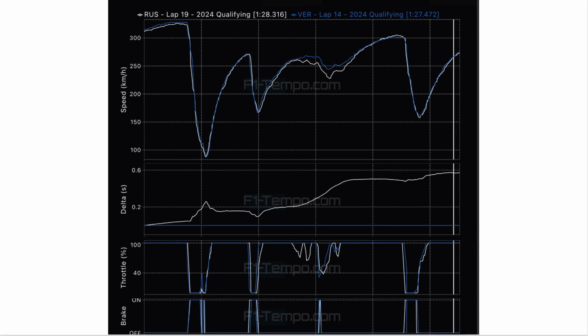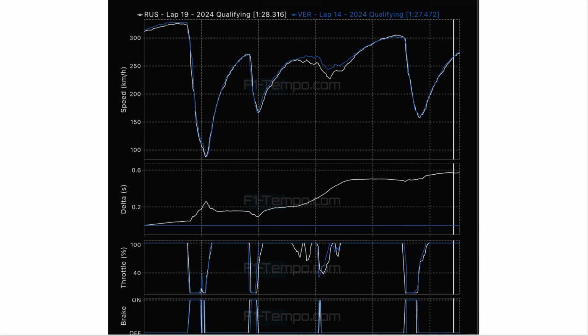The first thing to say is the white line is George and the dark blue line is Max. We've zoomed in and we're just looking at sector one. We have lots of different traces here, looking at different points of data that the car has sent back to the pits.